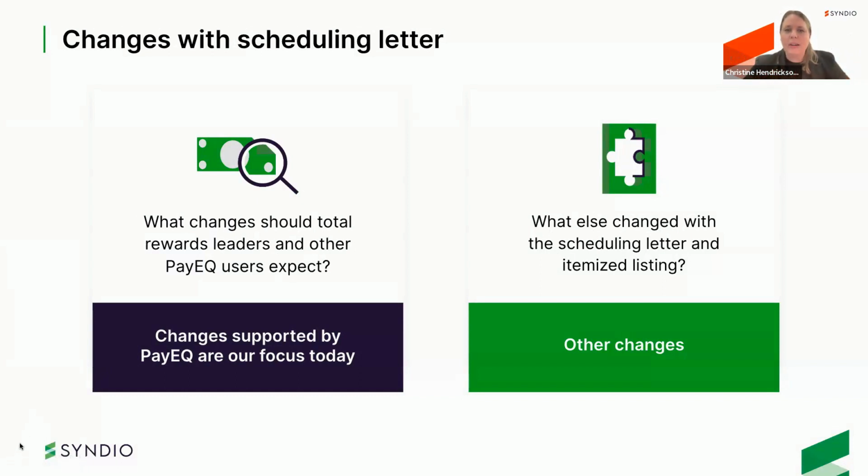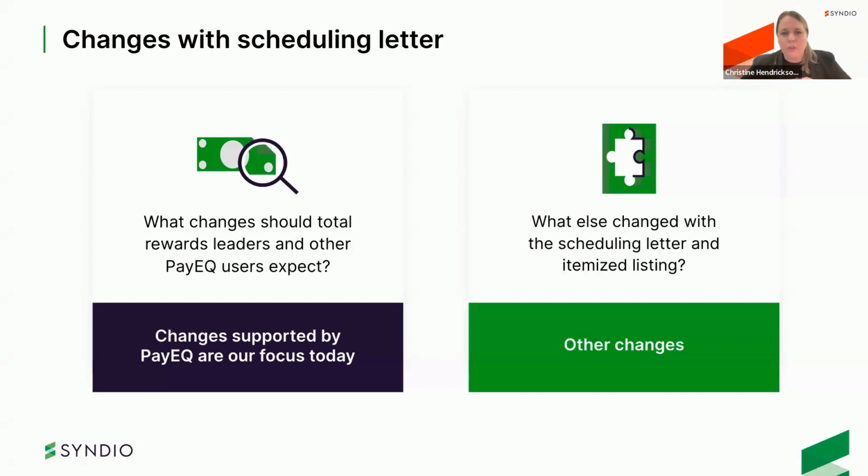Then just last month, on August 25th, the OFCCP announced a final revised scheduling letter and itemized listing that applies to all service and supply compliance evaluations, which is the majority. It went into effect immediately, for anything scheduled on or after the 24th of August. So everything we're going to be talking about today applies to any new audit.